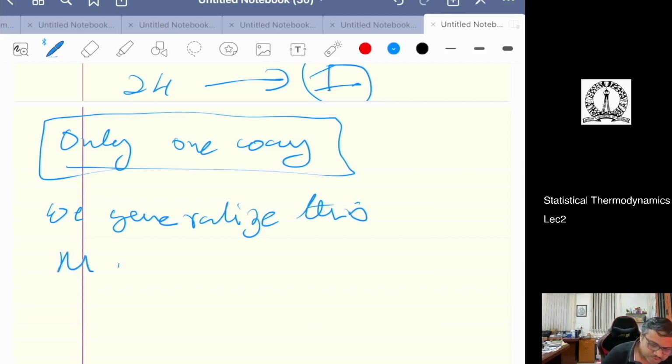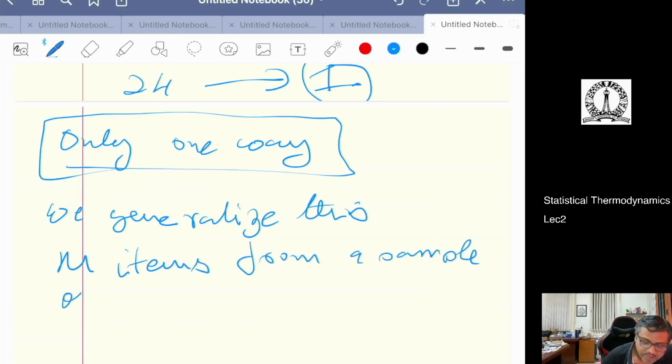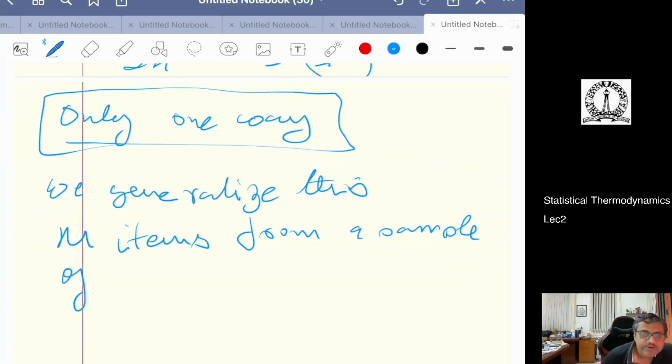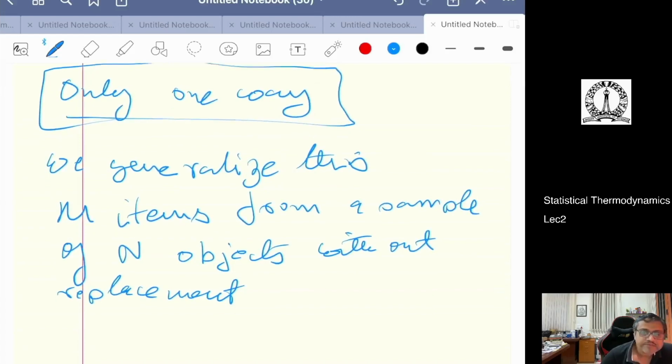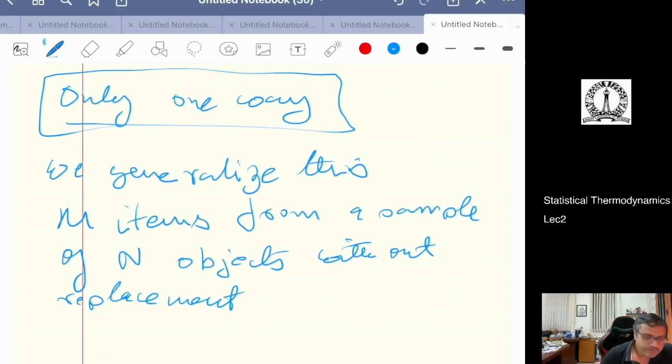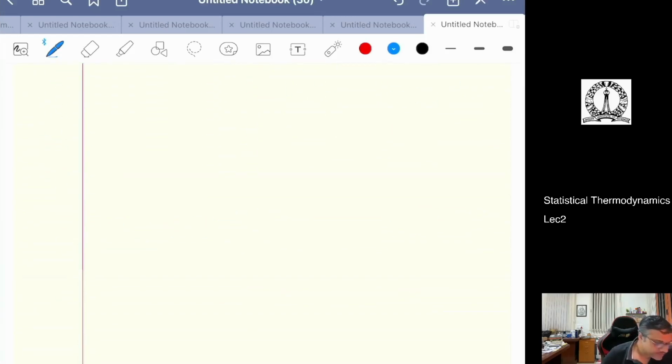So it is like we choose m items from a sample of n objects without replacement. Right? Without replacement.